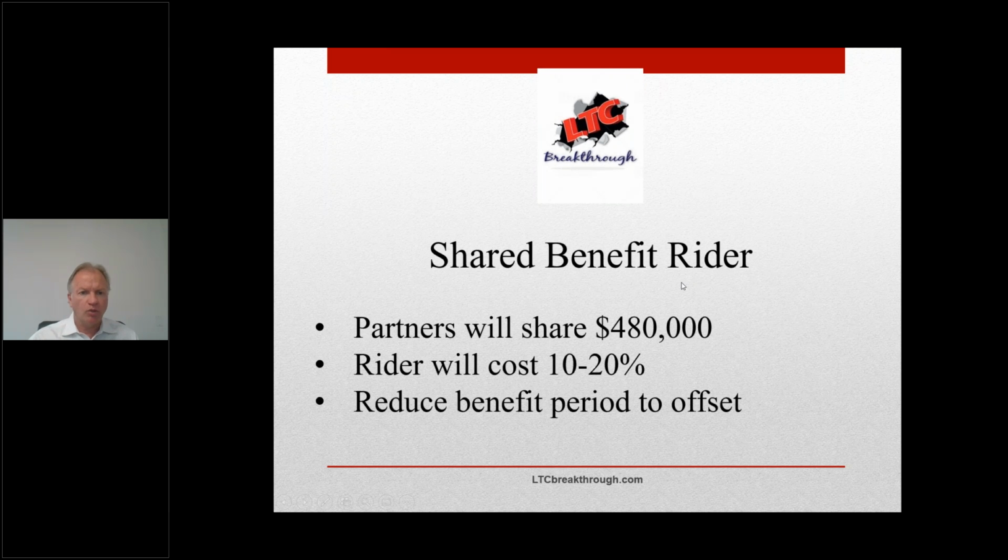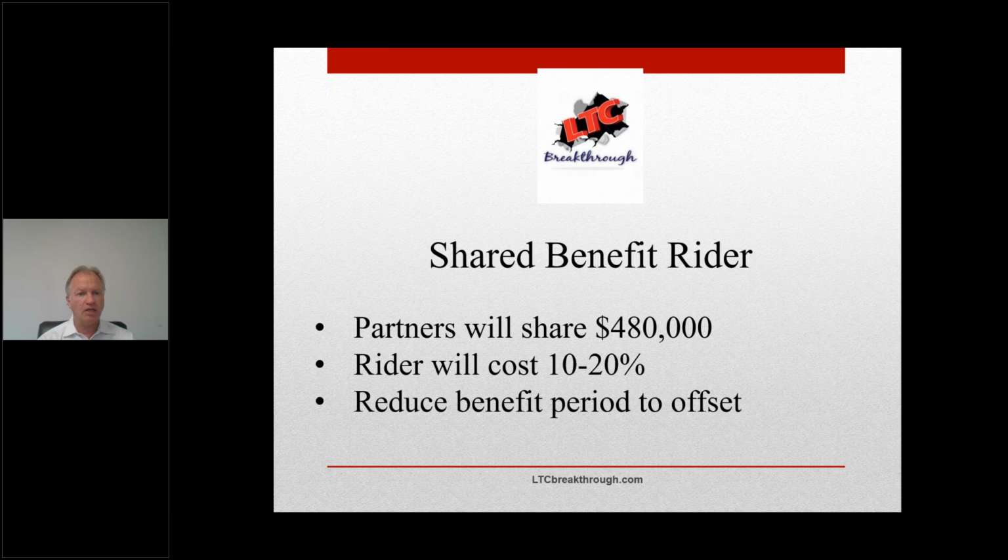One of the riders that I wanted to discuss with you that has to do with the benefit period is called the shared benefit rider, and this is for couples. So in our example, if you had a $240,000 lifetime maximum and your spouse also had $240,000, you would actually share $480,000.